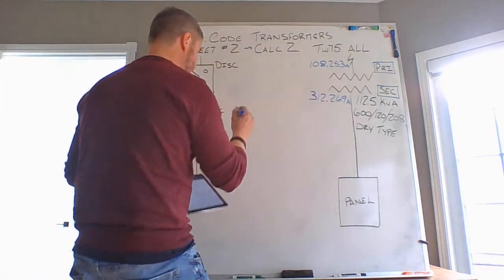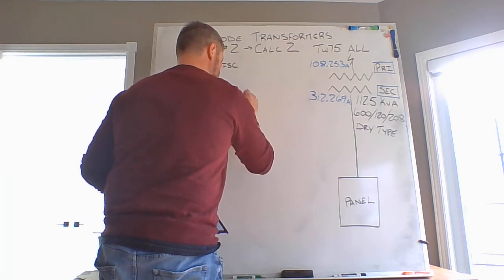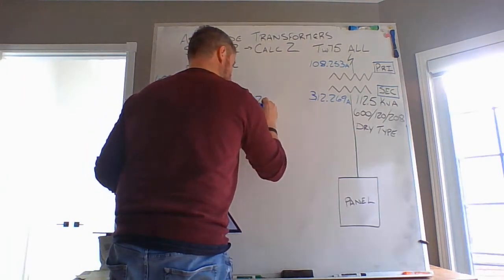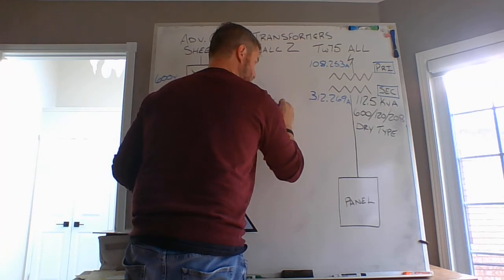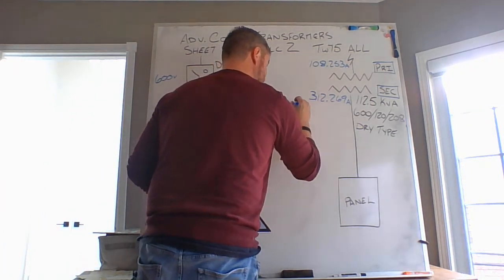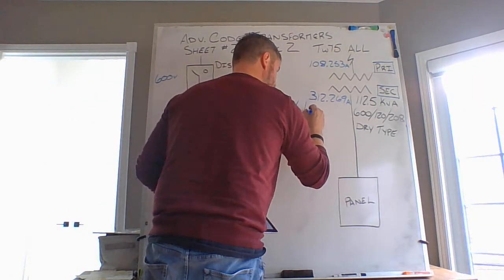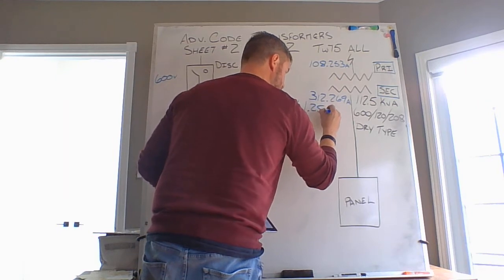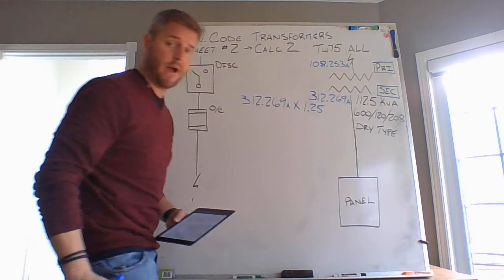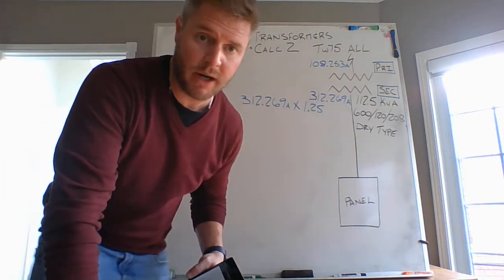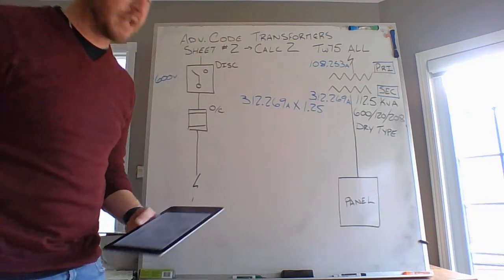I'm going to take my 312.269 amps, and I'm going to multiply that by 1.25 as a multiplier, or 125% of the full load current rating of the secondary, to determine my conductor's ampacity.